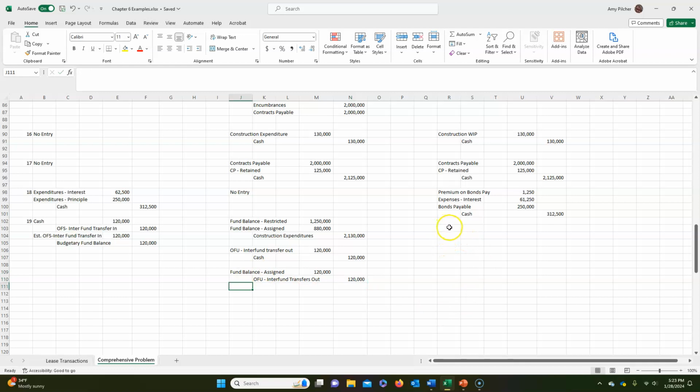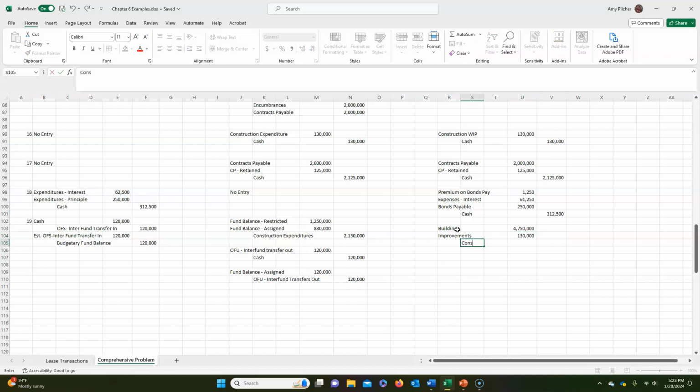And in the governmental activities, we are going to record the assets at their value. So remember, that's the landscaping.